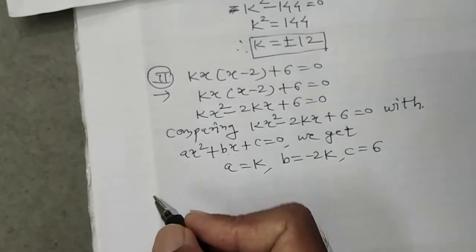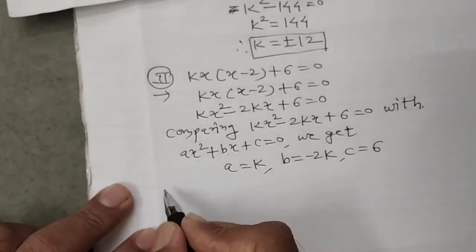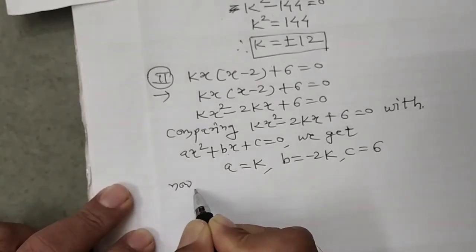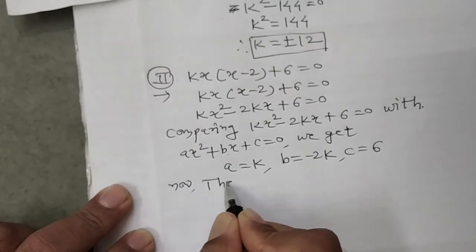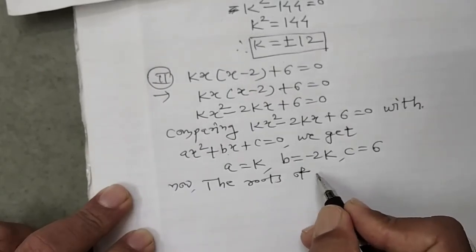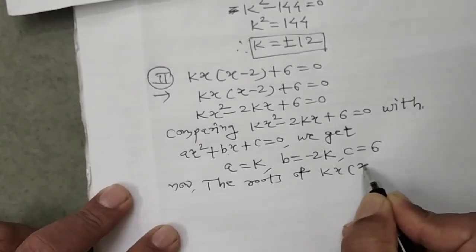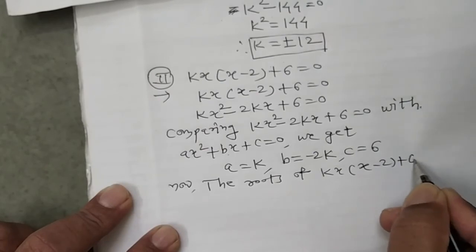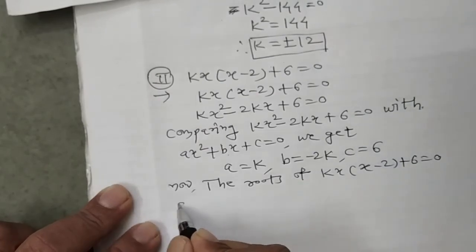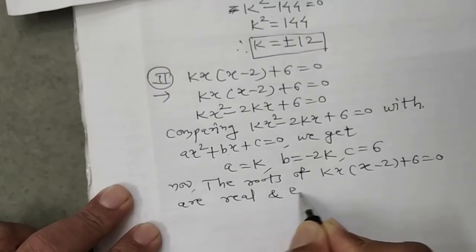Now we are given that the roots of the given quadratic equation kx into x minus 2 plus 6 is equal to 0 are real and equal.